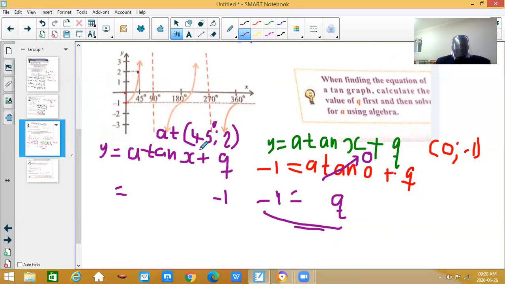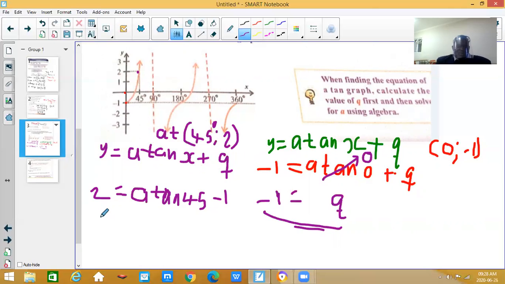So after getting the value of q, you plug it here. What is the y value? The y value here will be 2, and a will remain, we don't know, it is the one that you want to calculate. Now we are saying a tan 45 minus 1. So what have we done here? We have substituted the value of q, the value of x, and the value of y from this point.